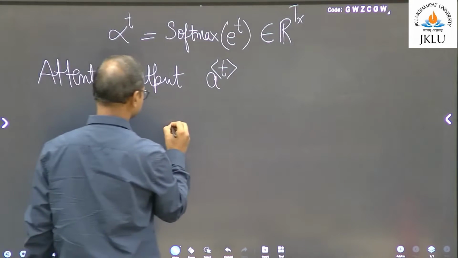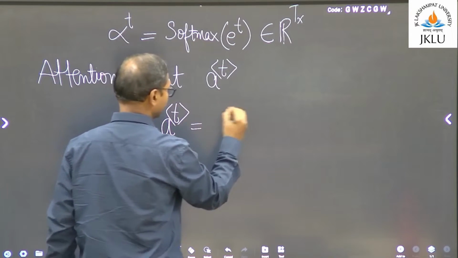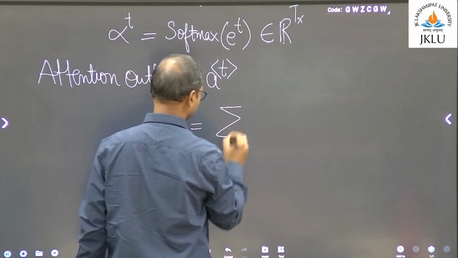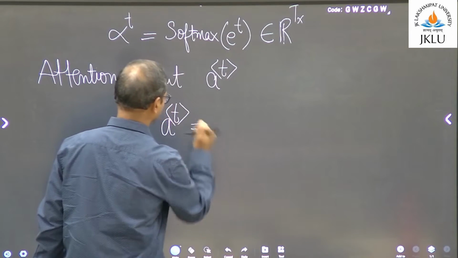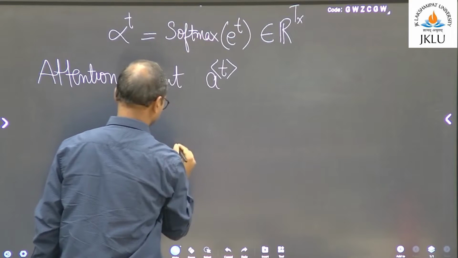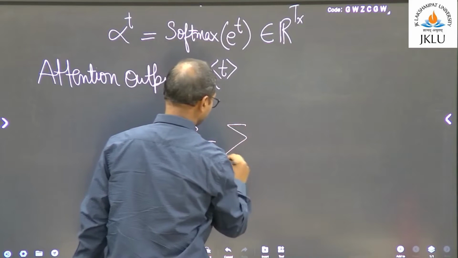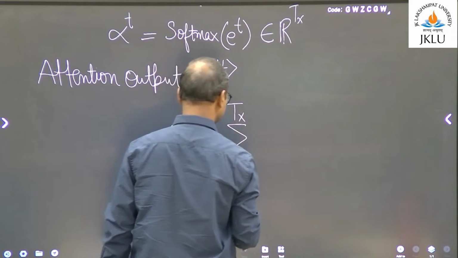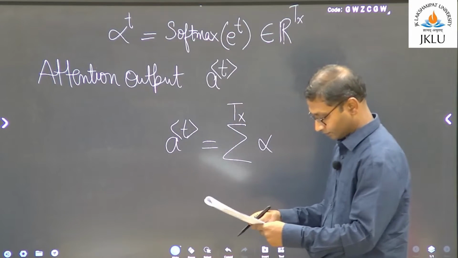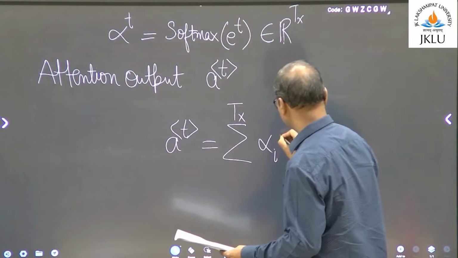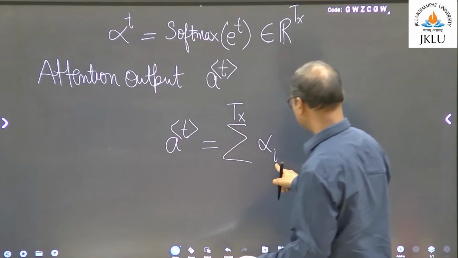The summation will go all the way to Tx, it will be alpha I, is this right?